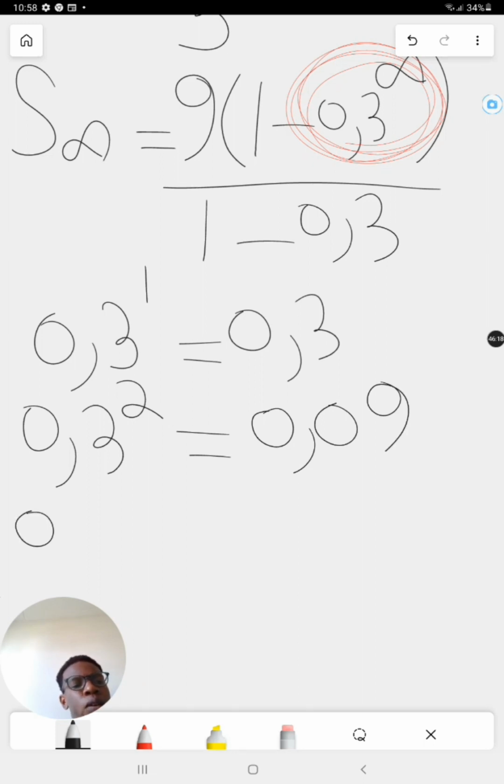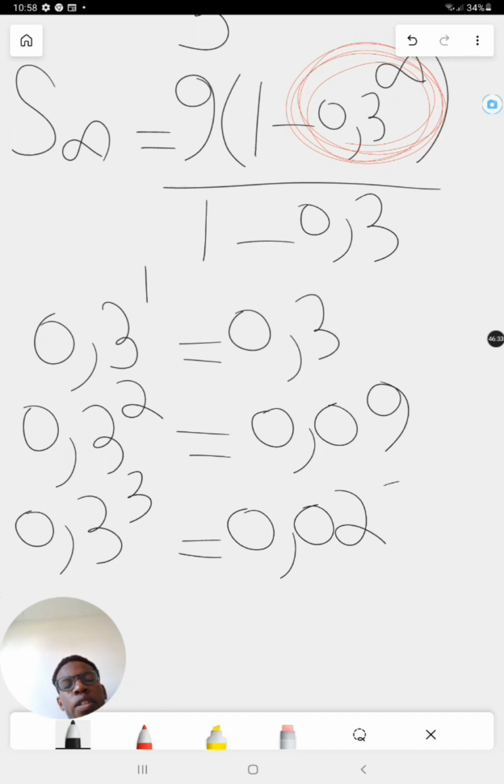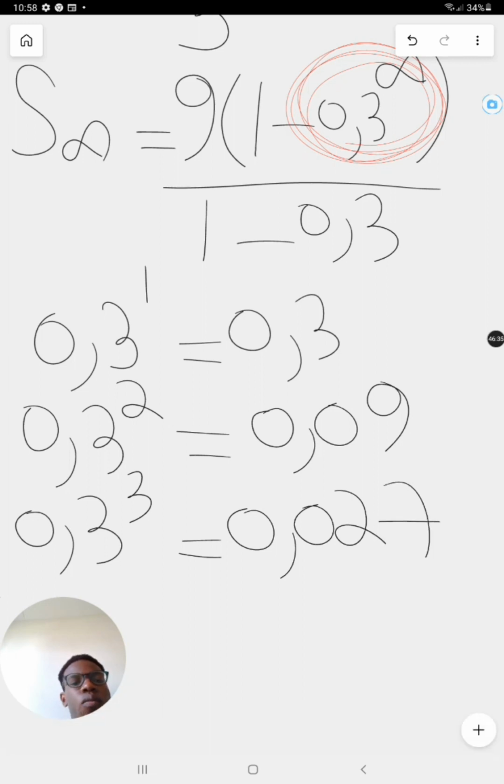What is 0.3 to the power of 3? You'll notice that we're getting smaller and smaller with our exponents. 0.3 to the power of 3 is 0.027. Okay, cool. That's fine.